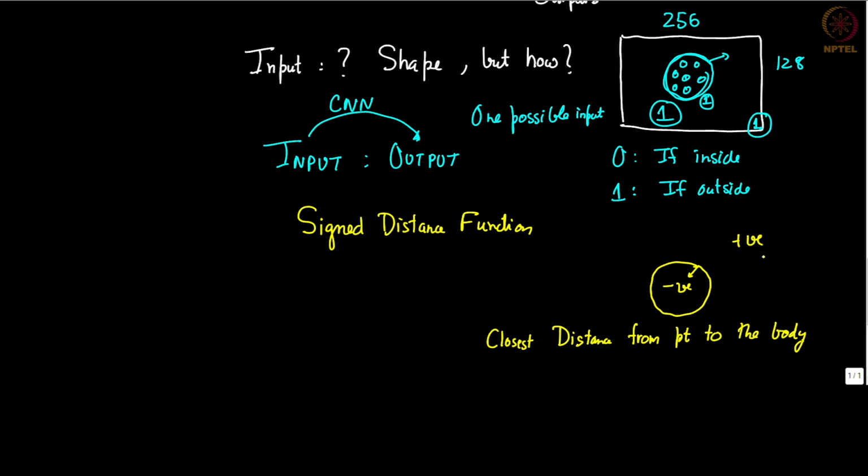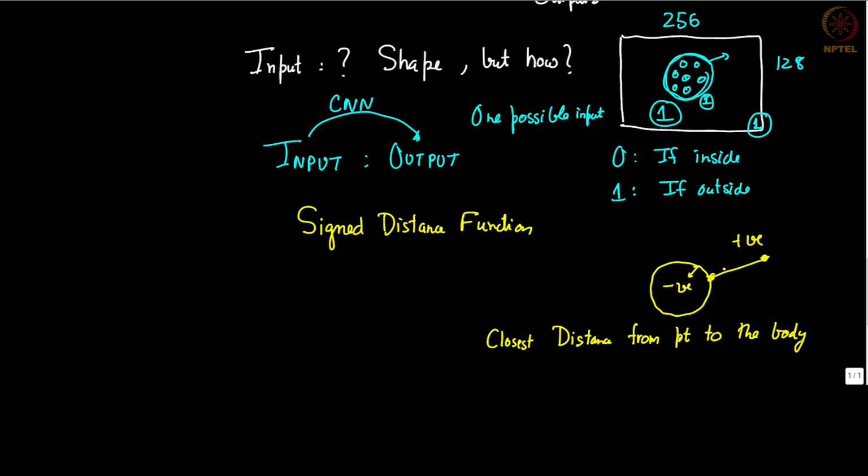Okay. So, suppose you are at this place, they will find out the closest distance from there to the body, and if it is outside they will label it positive, if it is inside they will label it negative, and this way you have something that accounts for the fact that points that are close to the body are actually more important than points that are further away from the body as far as the boundary conditions are concerned.